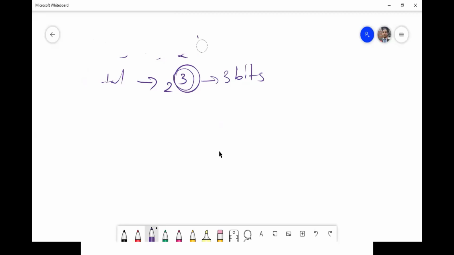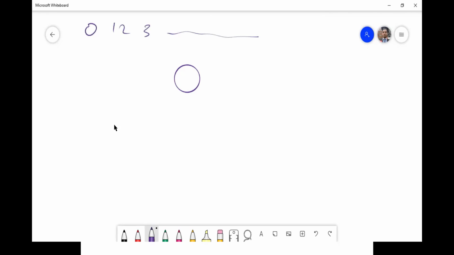Like we wrote octal to binary, here also we can convert hexadecimal to binary. Right now 0 1 2 3 all the way to F is the highest number, right? F is the highest number.